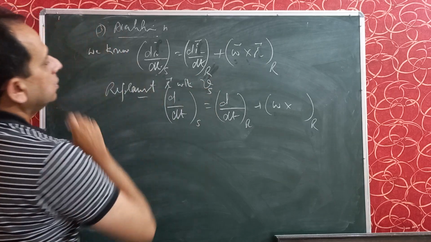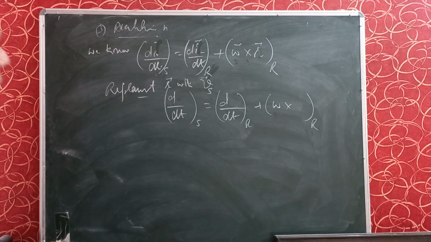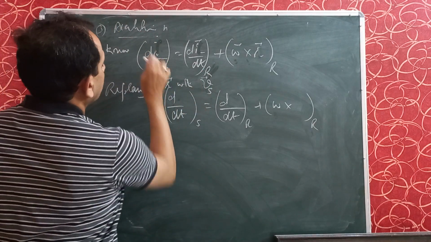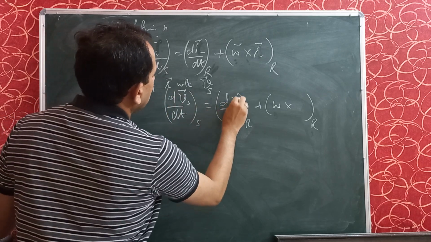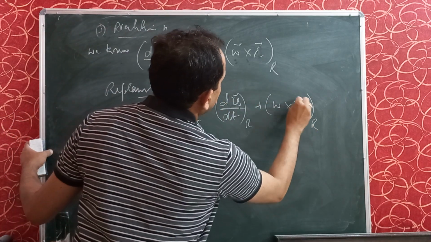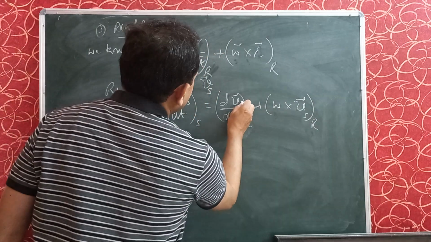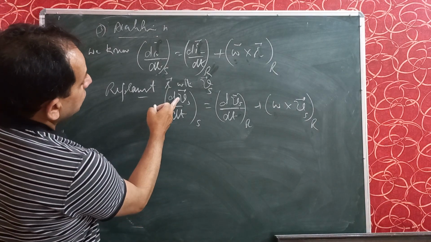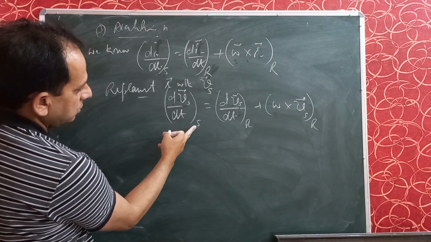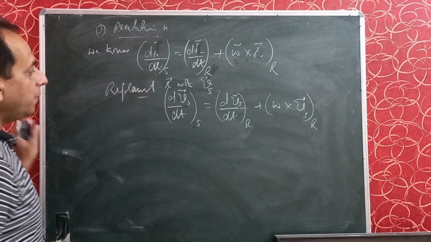There are two types of velocities, Vs and Vr. So we will replace it with Vs, the velocity in the S frame. Now on the left hand side it is velocity in the S frame, and the frame is also the S frame, so both are compatible with each other.